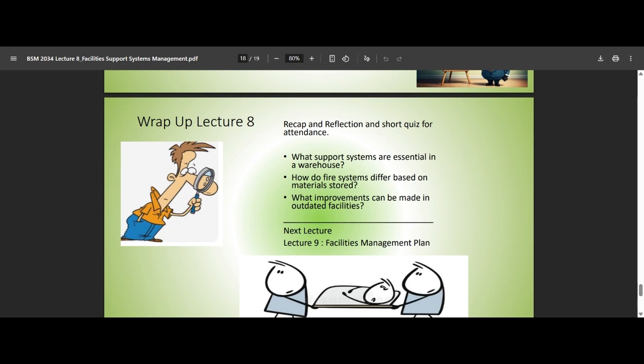There would only be about 5 to 6 MCQ questions. You answer all of them, and so long as you get all of them right, your attendance will be captured. This is part of self-learning. So long as we are able to learn, that is our goal.